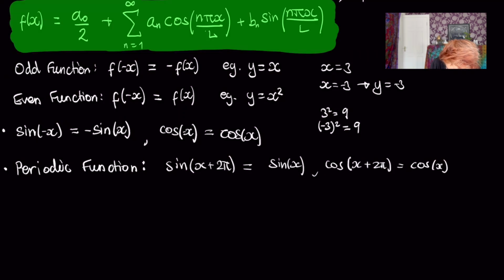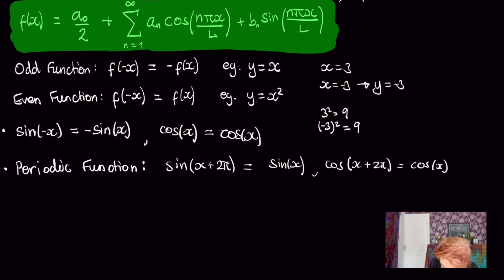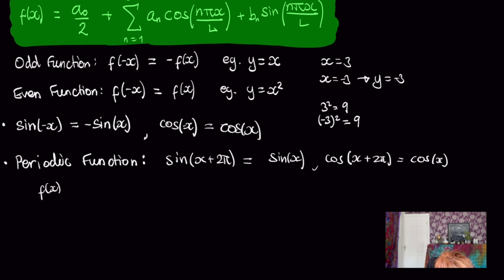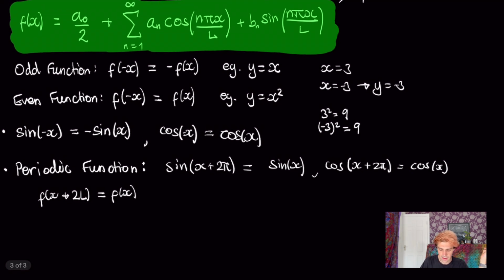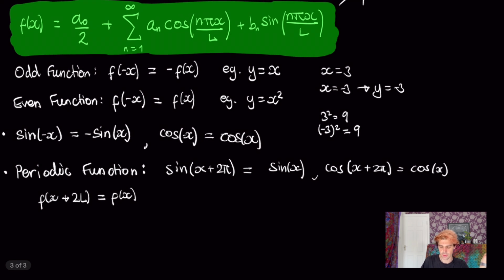And how this relates to this summation term is that these have been chosen, and this is a bit of a convention thing, such that f of x plus 2L is equal to f of x. So in fact, the functions which we're dealing with are periodic, and the complete period is in this case 2L. So we can say that it's spatially periodic with a period distance of 2L.